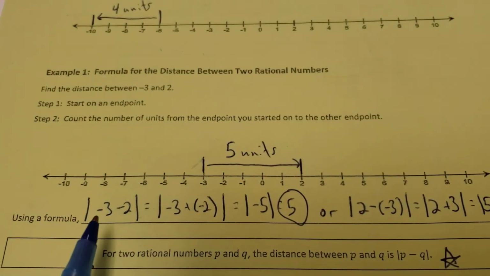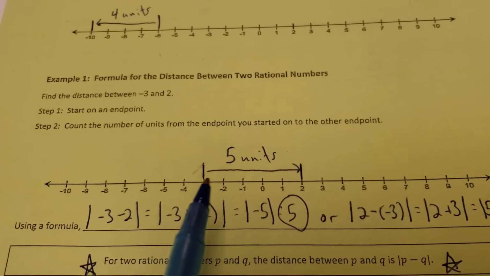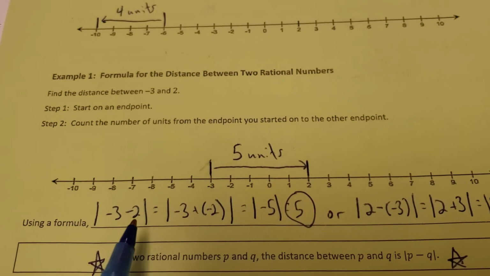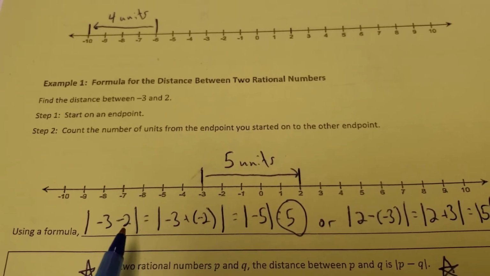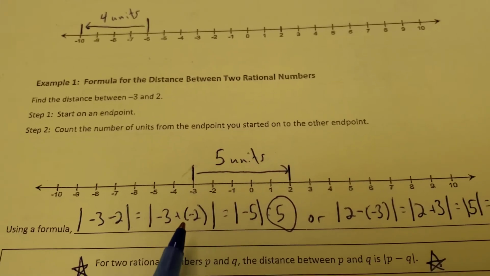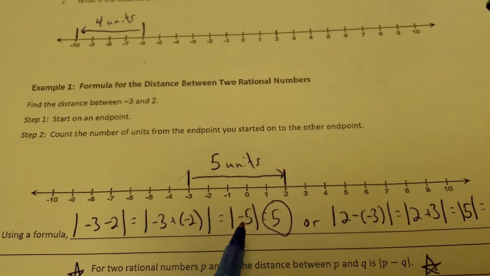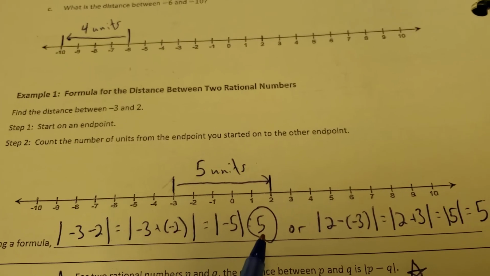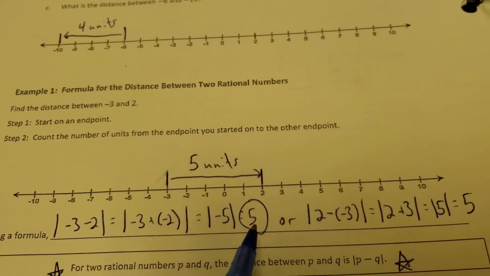So if I'm trying to find the difference between a -3 and a 2, -3 minus 2, and I turn that into adding the opposite, -3 plus -2, it's -5. But since I have those absolute value brackets around it, it forces this answer to be positive, so it's just a 5.